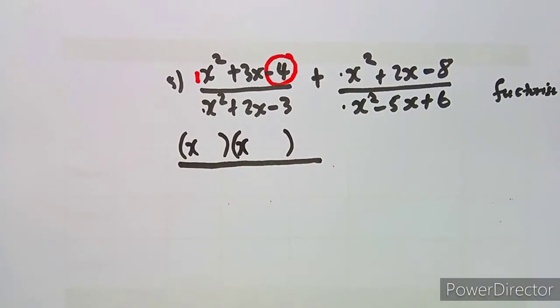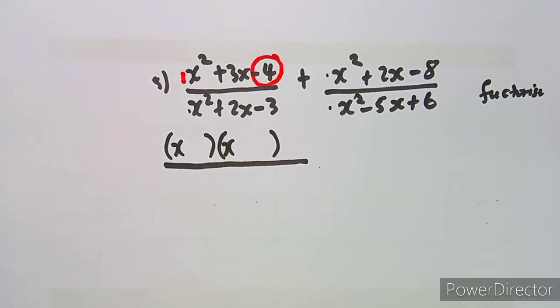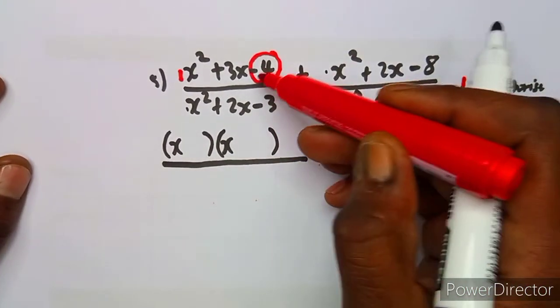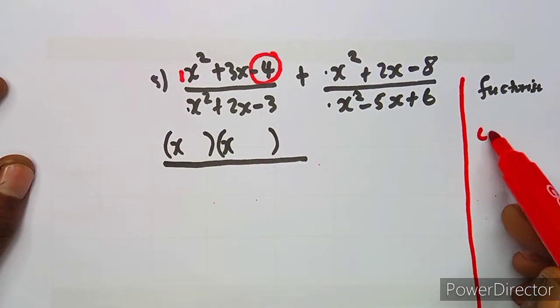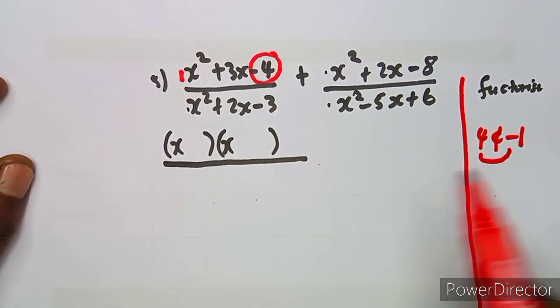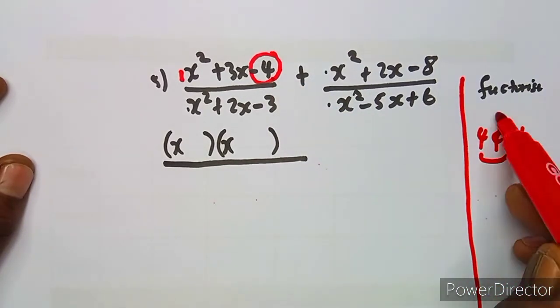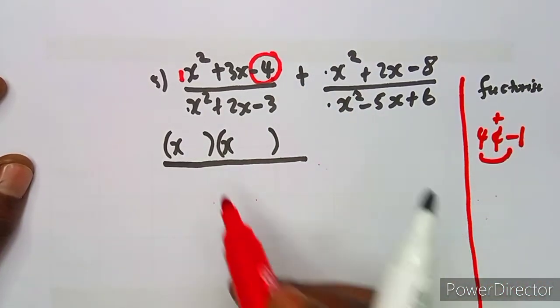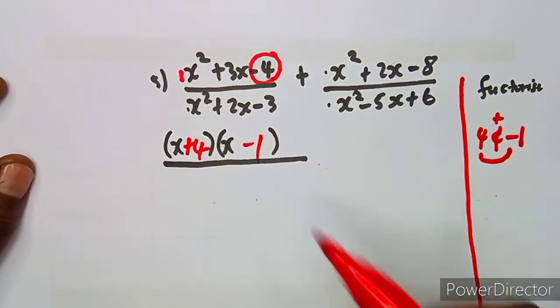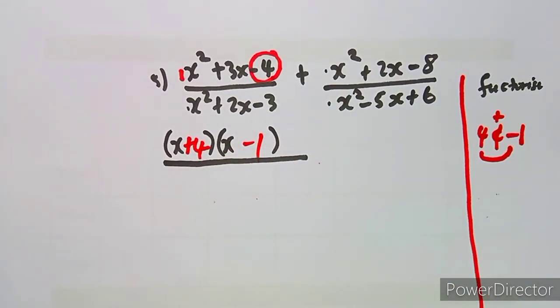Remember, guys, if you still have a challenge with factorization, please make sure that you watch the classes that we started with on factorization. So what are the factors of minus 4? That's 4 and minus 1. 4 times minus 1 is minus 4, and 4 plus minus 1 is 3. So you've got plus 4 and minus 1. You just take those numbers as they are.